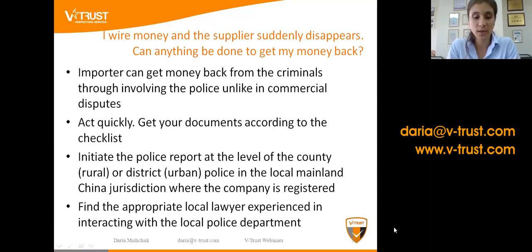Of course, it's very complex. However, if you find an appropriate local lawyer partner experienced in interacting with the local police department, then it's also a way to go. It's also quite a feasible way of dealing with such a case.